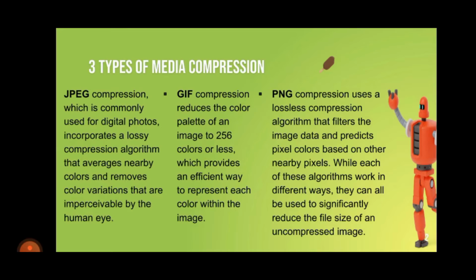PNG compression uses a lossless compression algorithm that filters the image data and predicts pixel colors based on other nearby pixels. While each of these algorithms works in different ways, they can all be used to significantly reduce the file size of an uncompressed image.